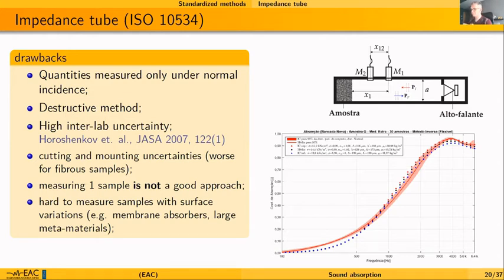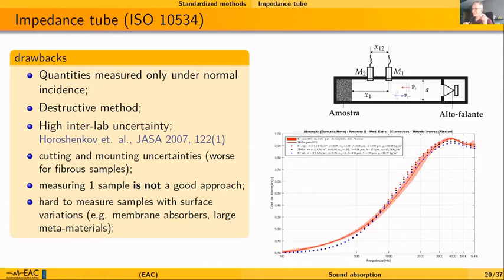So one of the things we did in this project was to get a sample of the material that we cut very carefully, mount the sample in the tube, measure, then take it out, mount it again, and measure.